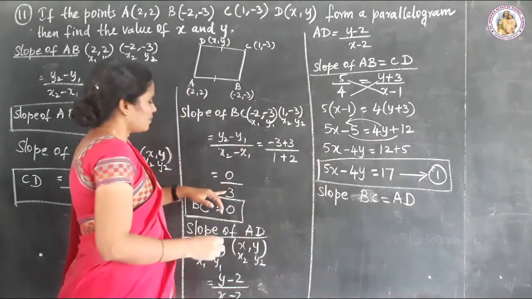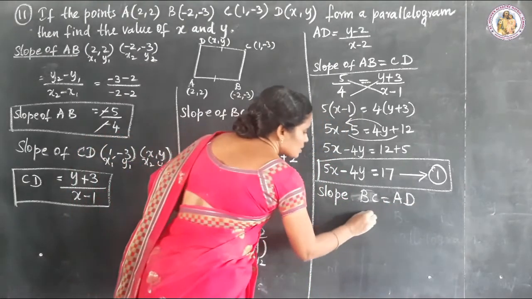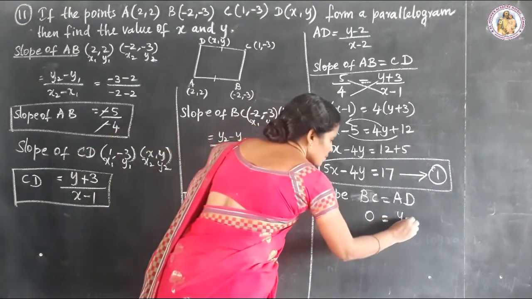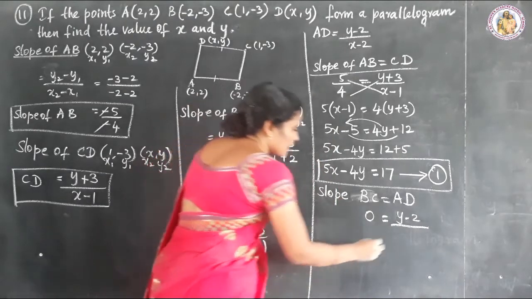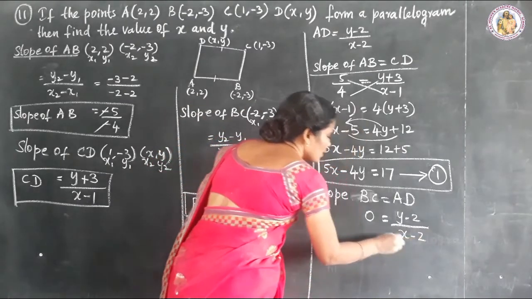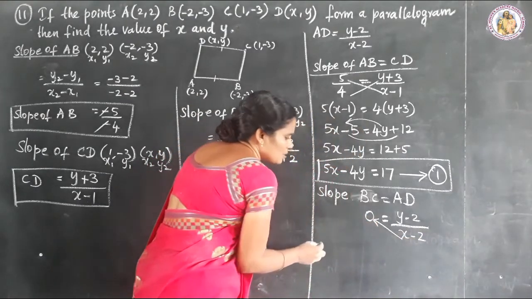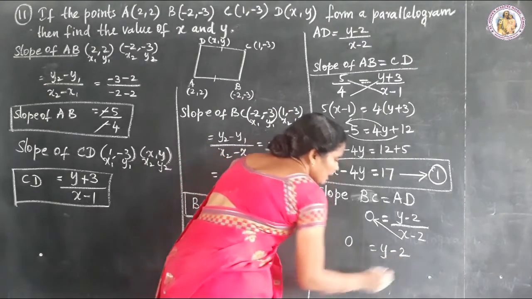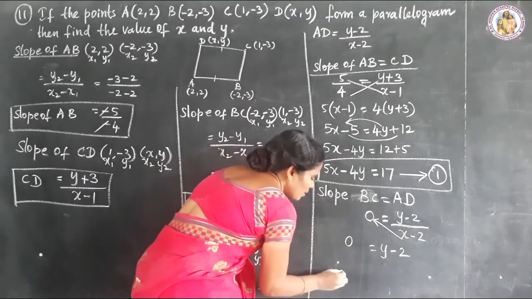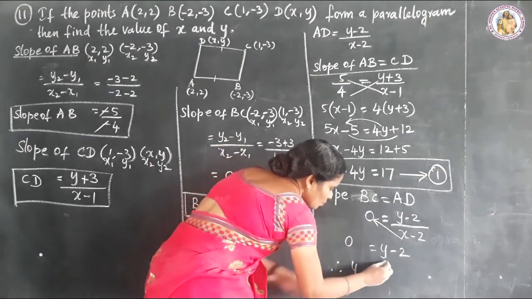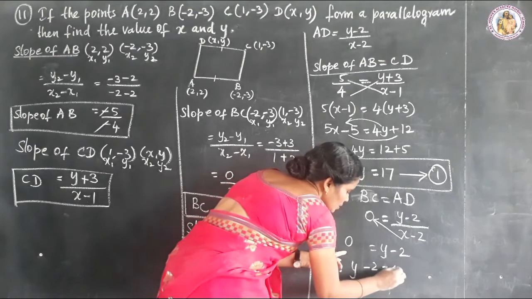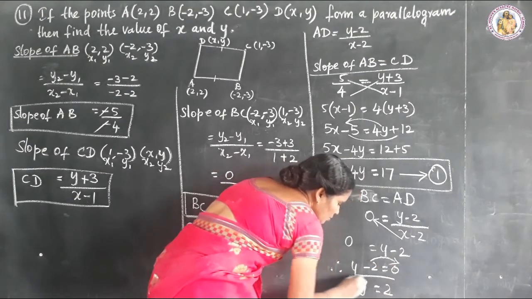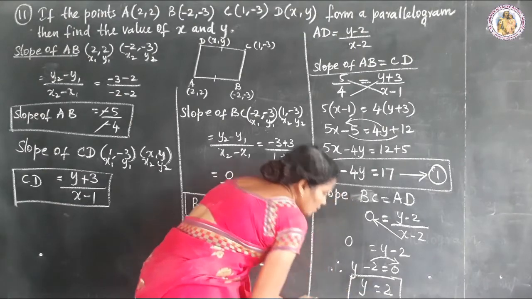For BC we have 0, and AD is y minus 2 divided by x minus 2. When we cross multiply, 0 times x minus 2 is equal to y minus 2, so y minus 2 is equal to 0. In the next step, y is equal to 2, as minus 2 goes to the other side and becomes plus 2.